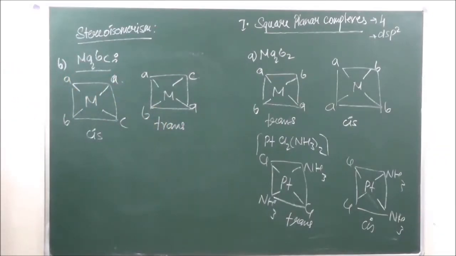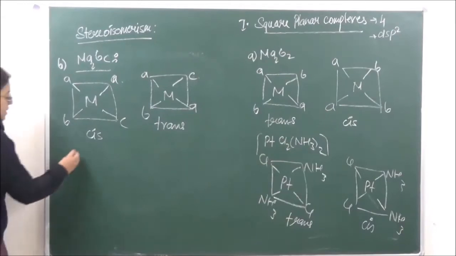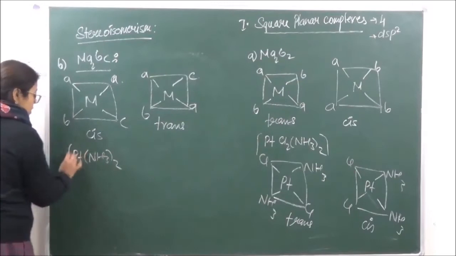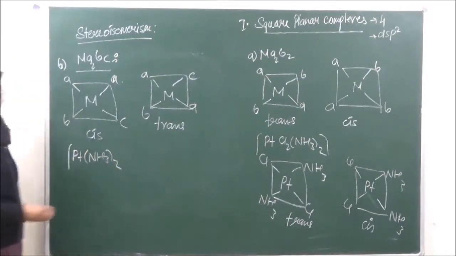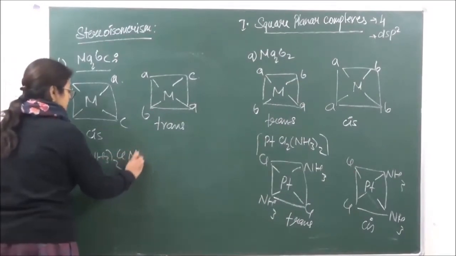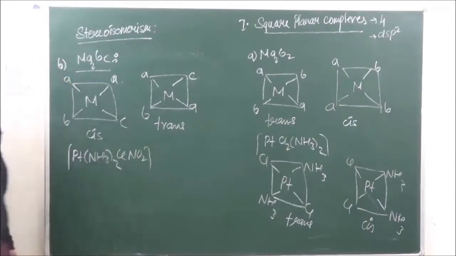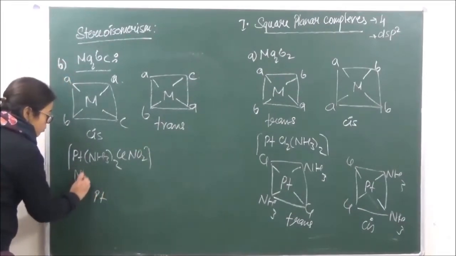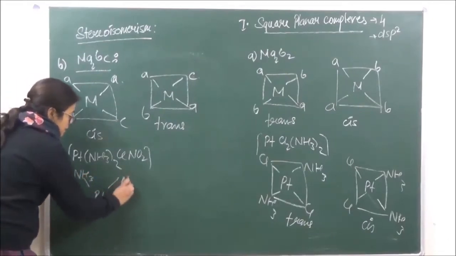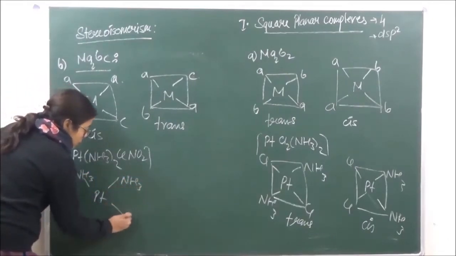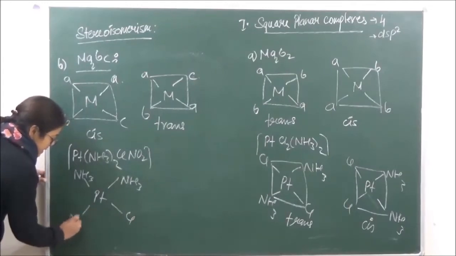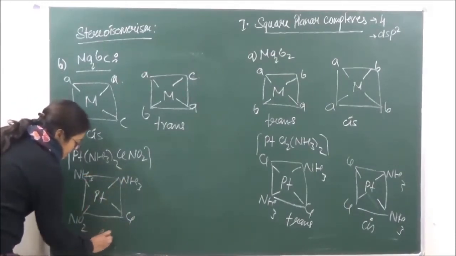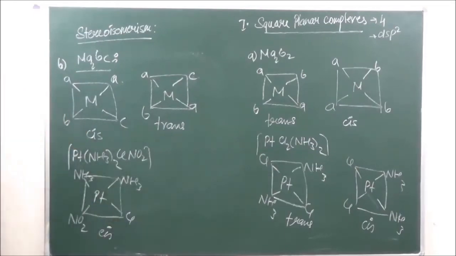An example which we can take over here is that of platinum, NH3 whole twice, Cl, NO2. So platinum is at the center. If both the ammonia are at adjacent positions, the isomer is known as cis.